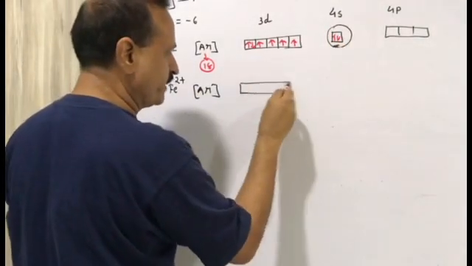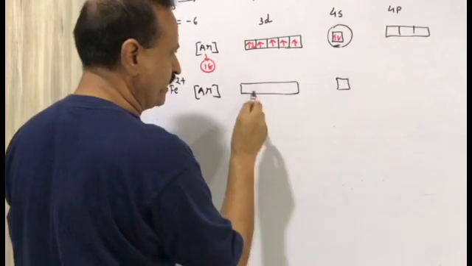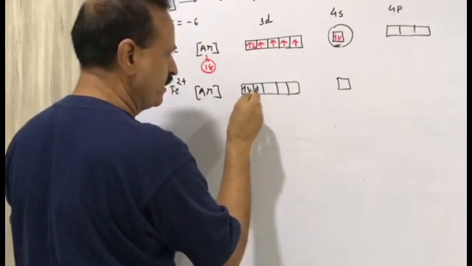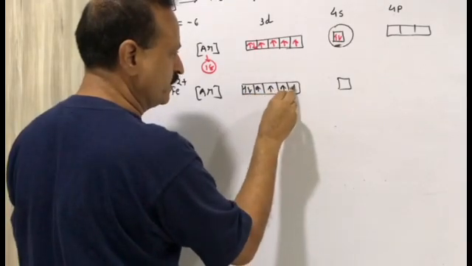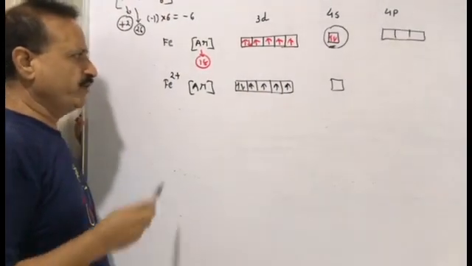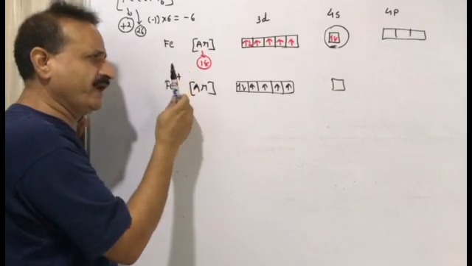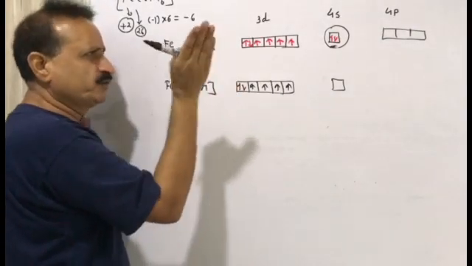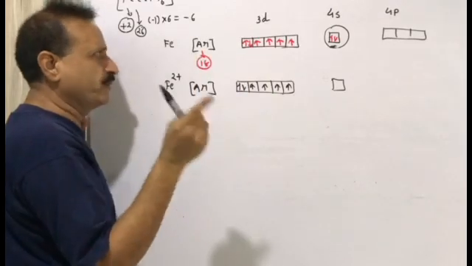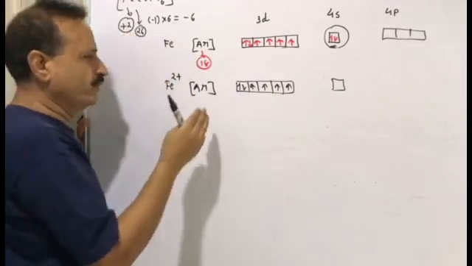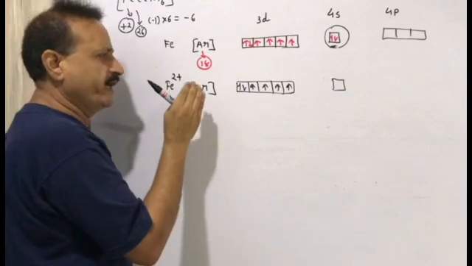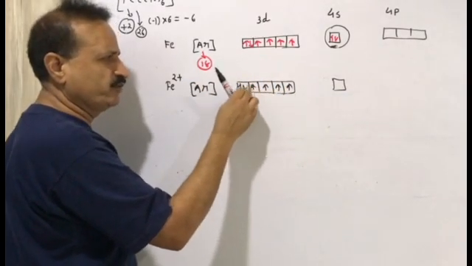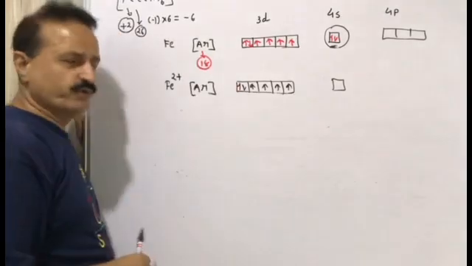The d orbitals will remain the same as they are, because we only lose 2 electrons from the s orbital. So Fe2+ has 2 less, the number of electrons will be 24: argon 18, 19, 20, 21, 22 and plus 2 means 24.